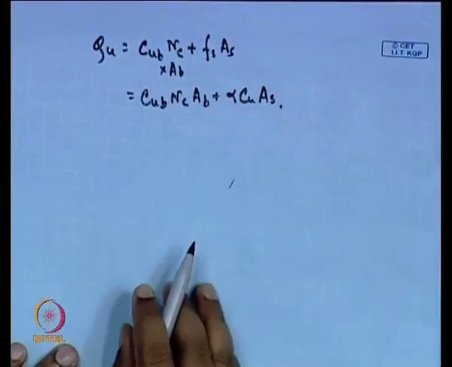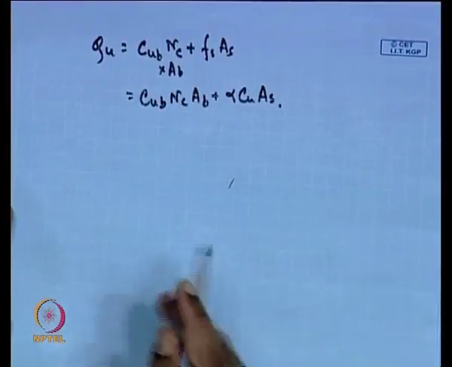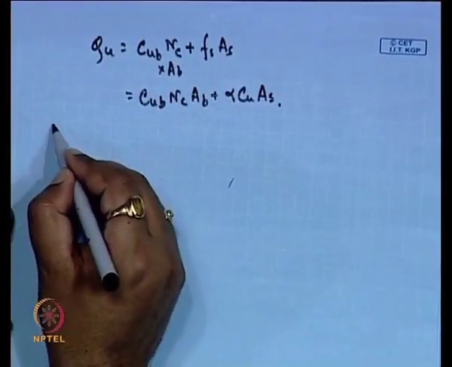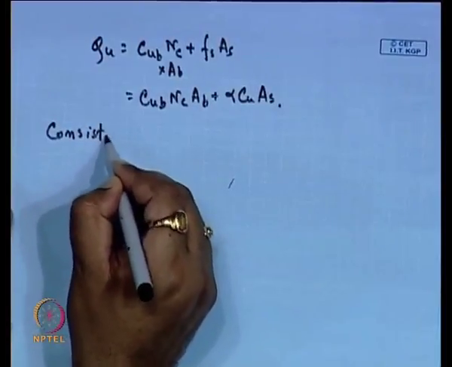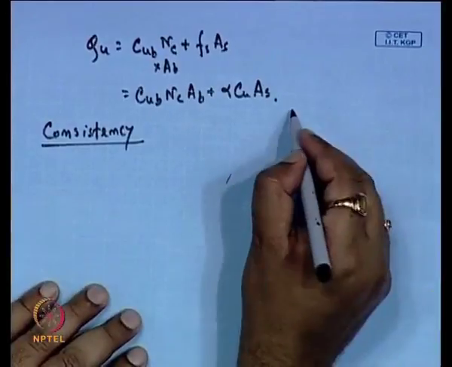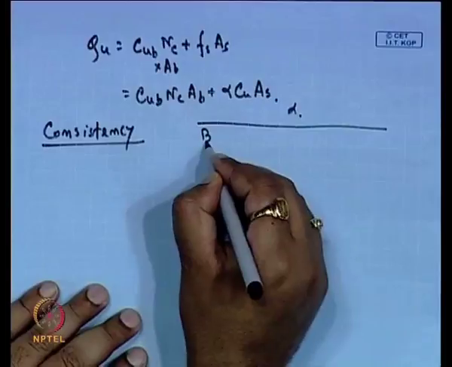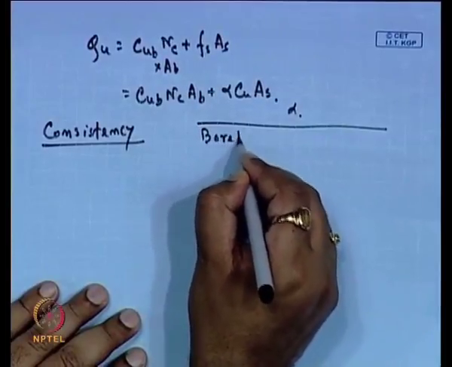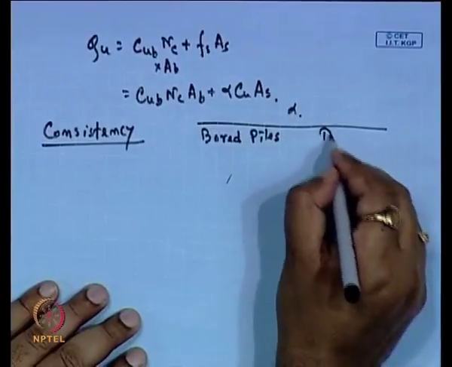So, this alpha value, this adhesion value, we have to calculate. Now, for different types of soil, based on the consistency, we will get the alpha value. This is for the bored pile, and driven pile.